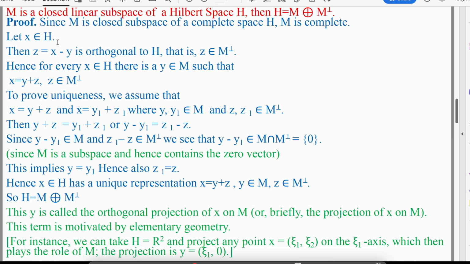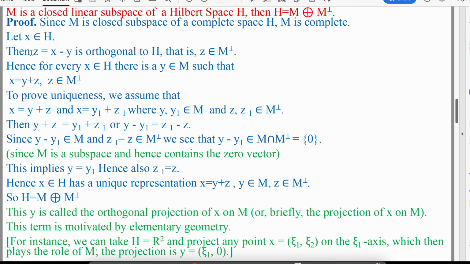Let x belong to H. Then we have studied in the previous lecture that if M is a closed linear subspace of Hilbert space H, then we can write z equal to x minus y, and this z is orthogonal to M. Or we can say that z belongs to the orthogonal complement of M. Hence, for every x belonging to H, there is a y belonging to M such that x is equal to y plus z.